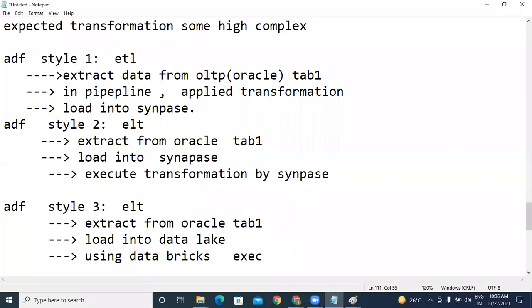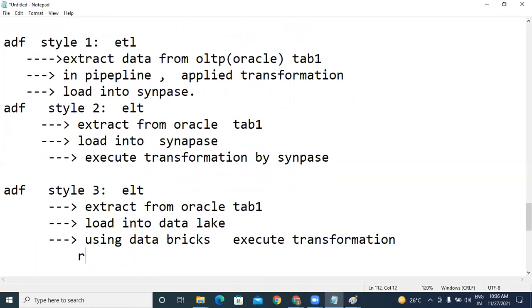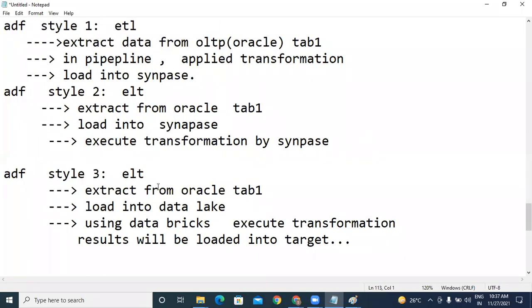Execute transformation, and once I perform transformation, results will be produced. Results will be loaded into any target, that can be data lake, Synapse, or anything. If you look at style 3, is that ETL or ELT? ELT. Let's say ELT second model.